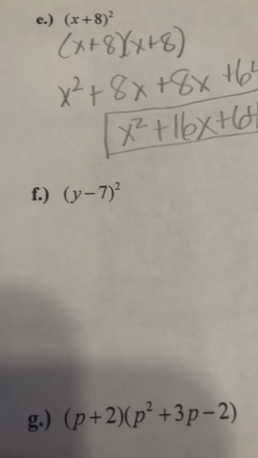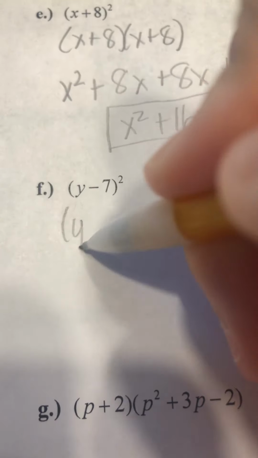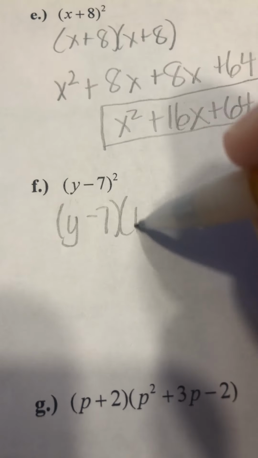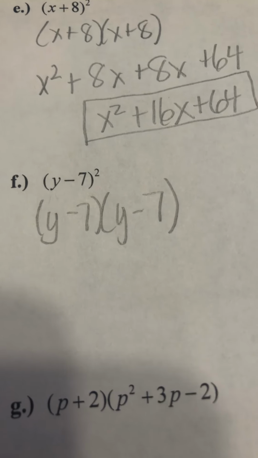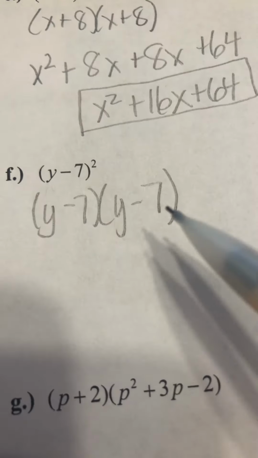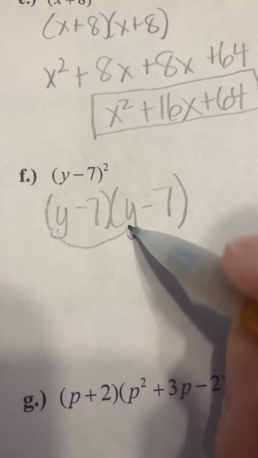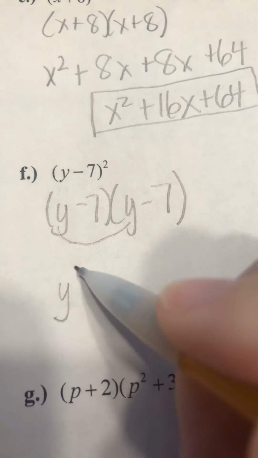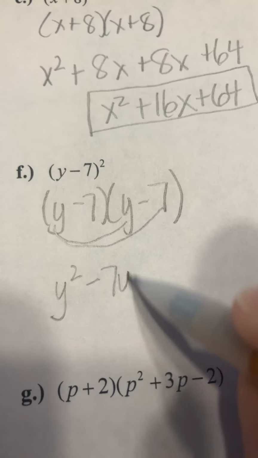Another one, do not be fooled. You must write it twice and multiply it. Squared always means write it twice and multiply. So again, it's a binomial times a binomial. So FOIL, y squared. Outers, it's negative 7y.